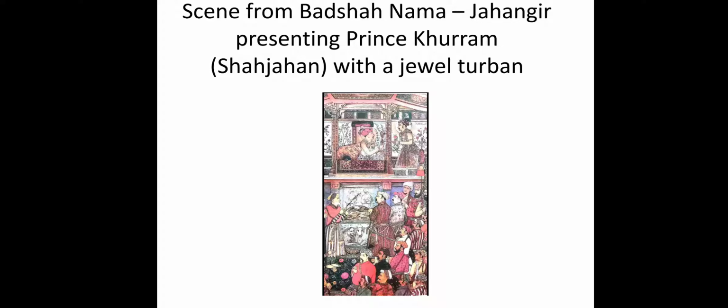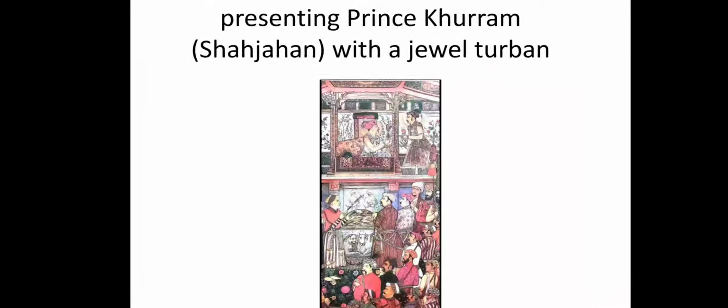Here there is a painting which depicts Jahangir presenting Shah Jahan with a jewel turban. Shah Jahan, before he took on the title when he became the emperor, was Prince Khurram. The scene is from the Badshah Nama.